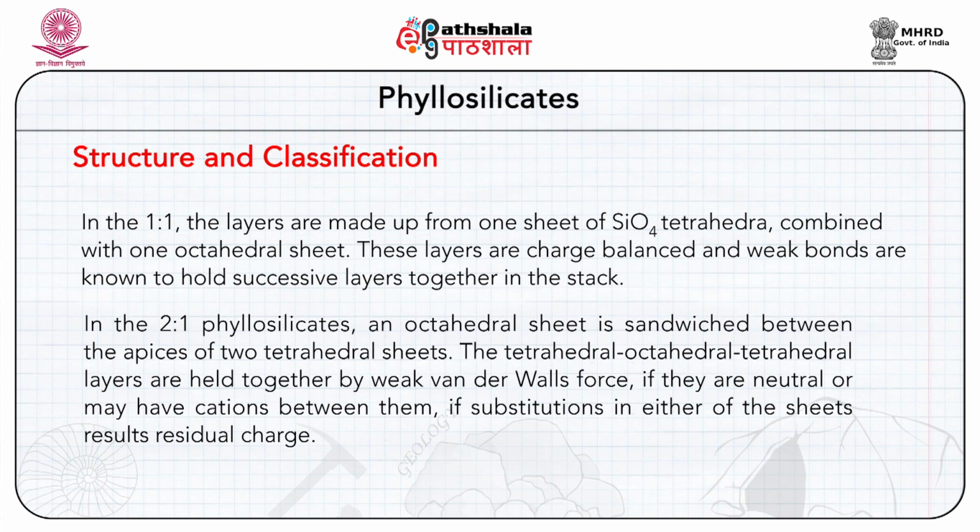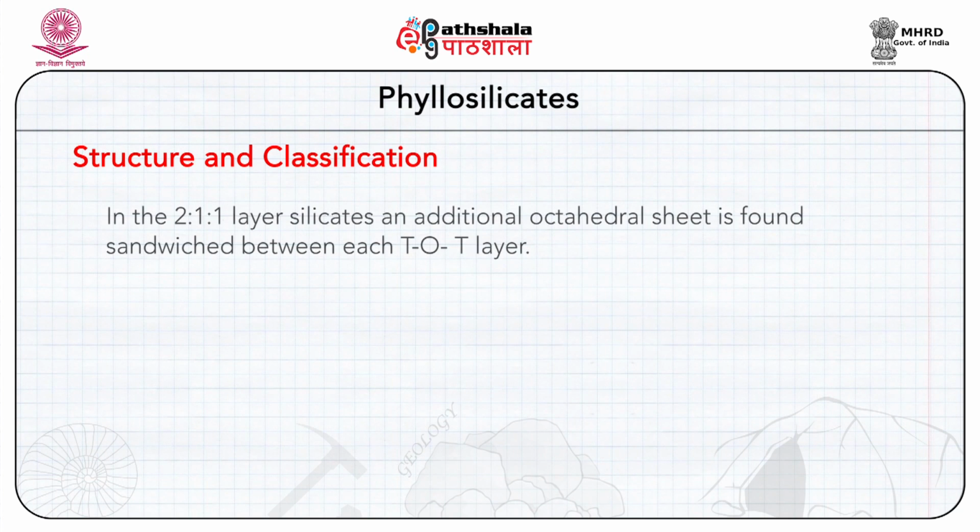The tetrahedral, octahedral, tetrahedral layers are held together by weak van der Waals force if they are neutral, or may have cations between them if substitutions in either of these sheets result in residual charge. In the third category, the 2:1:1 layer silicates, an additional octahedral sheet is found sandwiched between each TOT layer.